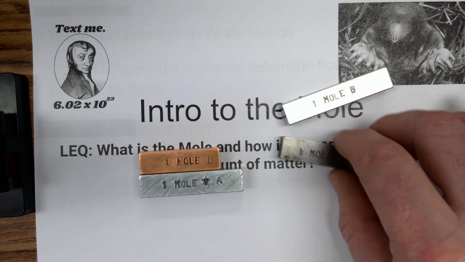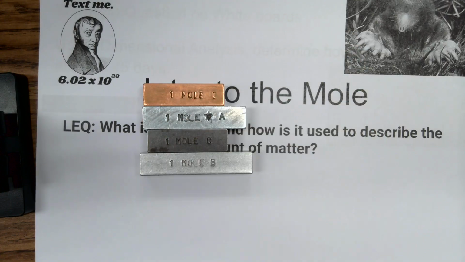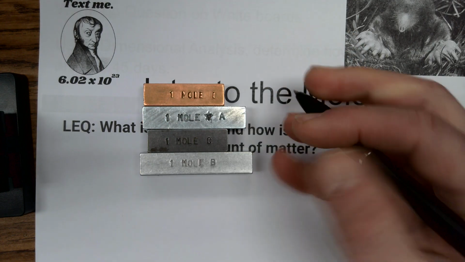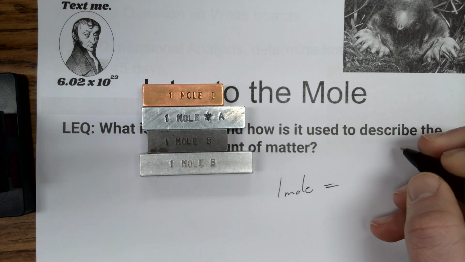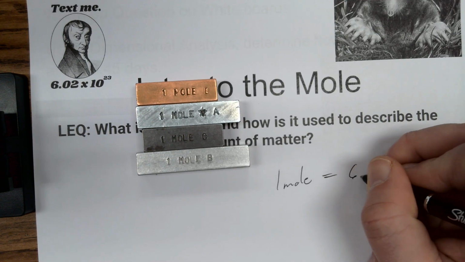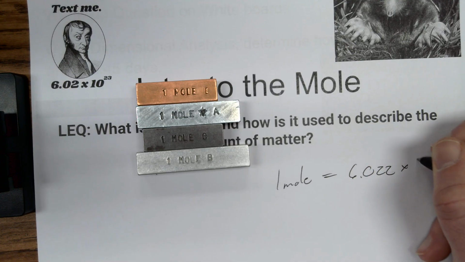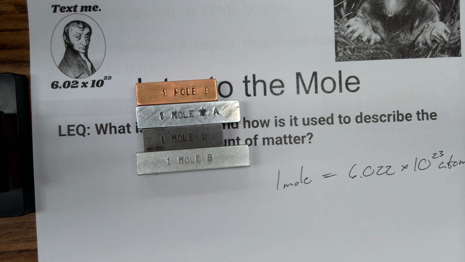What about the other ones? They all say mole, but they're all different sizes. Because what we're saying is that 1 mole is going to equal a certain amount of atoms: 6.022 times 10 to the 23 atoms.